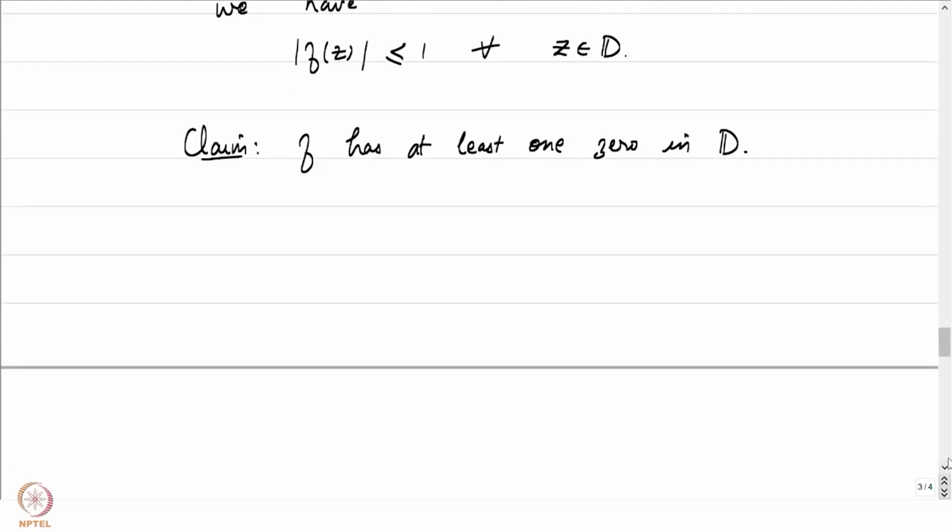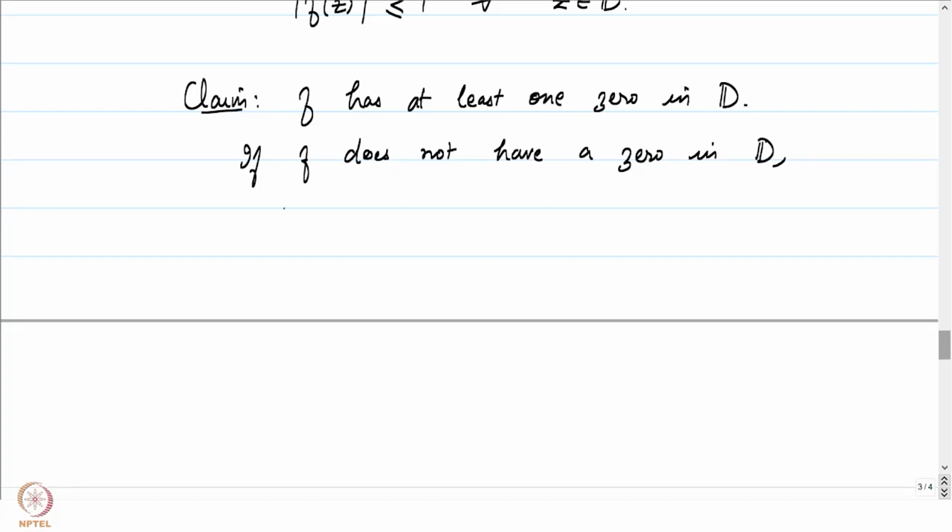Suppose f doesn't have a 0 in D. If f does not have a 0 in D, then 1 by f is holomorphic on the unit disk, and furthermore 1 by f extends continuously up to D bar and is continuous on D bar.